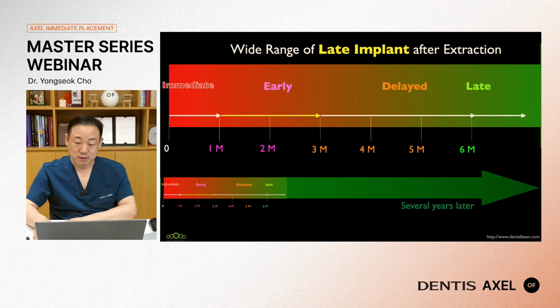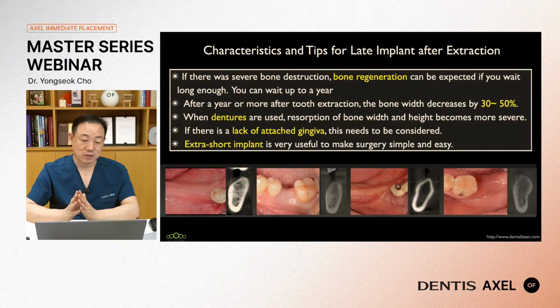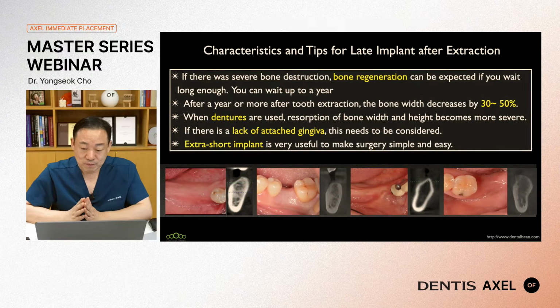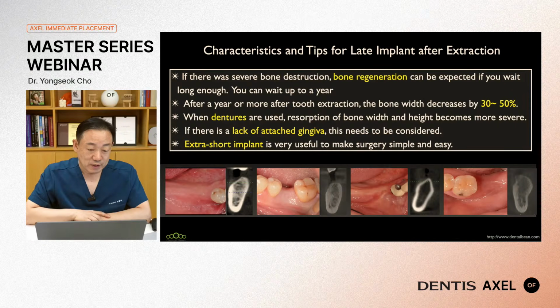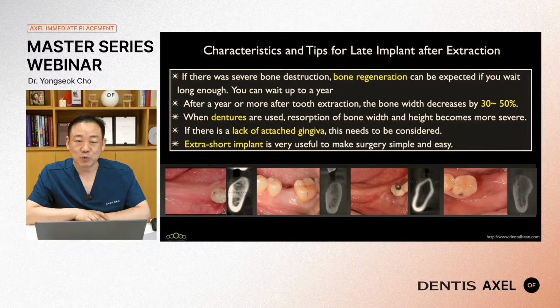This is the characteristics and the tips for a late implant after extraction. If there was severe bone destruction, bone regeneration can be expected if you wait long enough. You can wait up to a year.